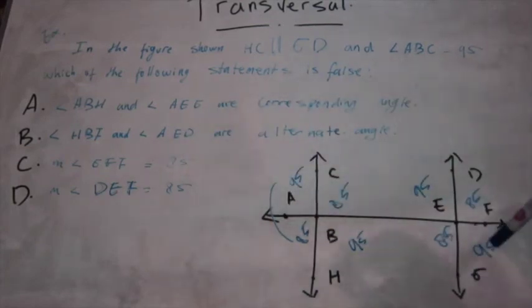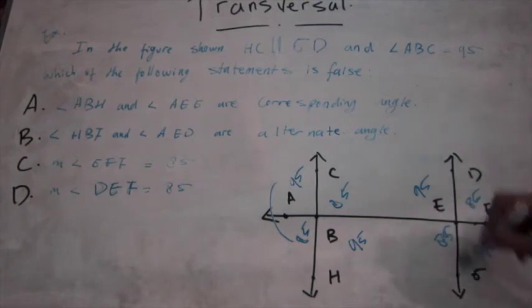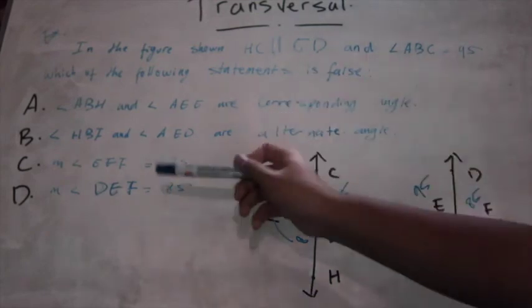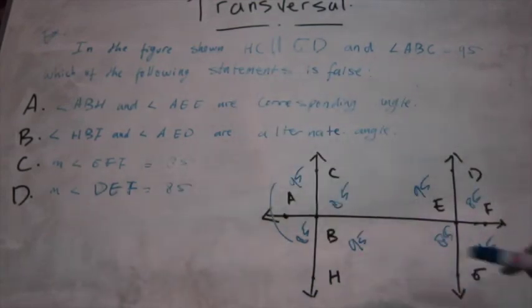And let's talk about C. Measure GEF is equal to 85. Let's see here. No, it's not 85, it's 95 right there. I think we found the answer. We found the false statement, but just to double check, we're going to do D now.